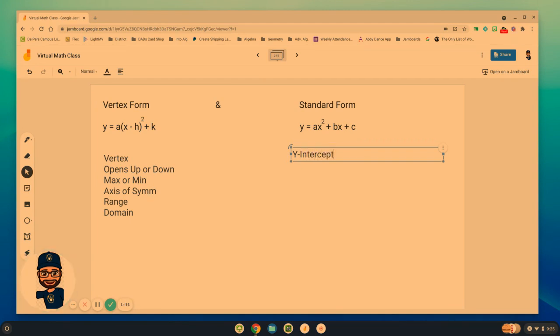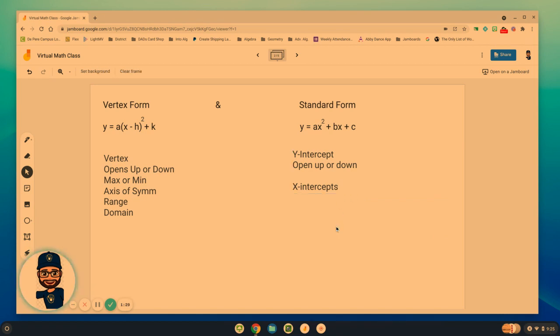Remember, it's out there at that c value. We can tell if it's going to open up or down based on the a value. And then we also said that it will help us find the x-intercepts of the graph. Typically, we were doing that with what was called the quadratic formula.